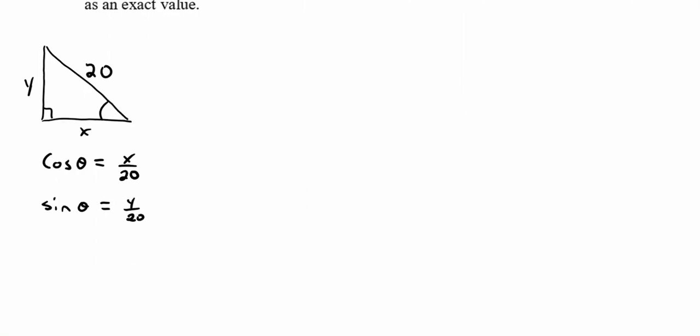So rewriting those as expressions for x and y, x is equal to 20 cos theta, and y is equal to 20 sine theta. We're going to use those in a second.